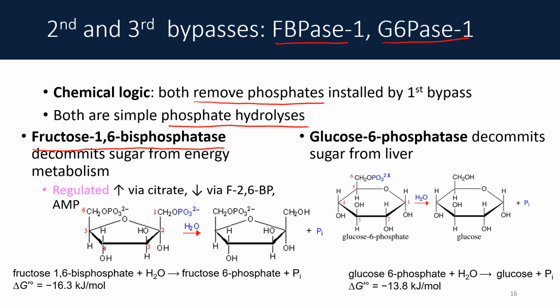So what fructose 1,6-bisphosphatase does, we have our fructose 1,6-bisphosphate. It has phosphate on the 1 position, phosphate on the 6 position, and it's going to take that water molecule and it's going to substitute out and cleave off the phosphate in the 1 position, giving us fructose 6-phosphate as the product.